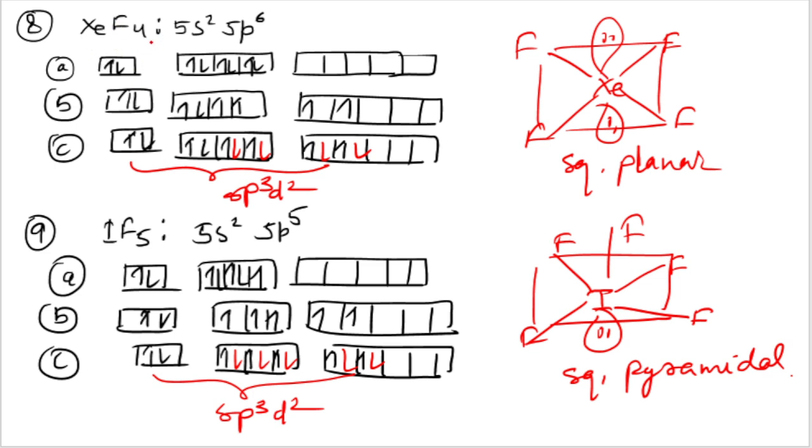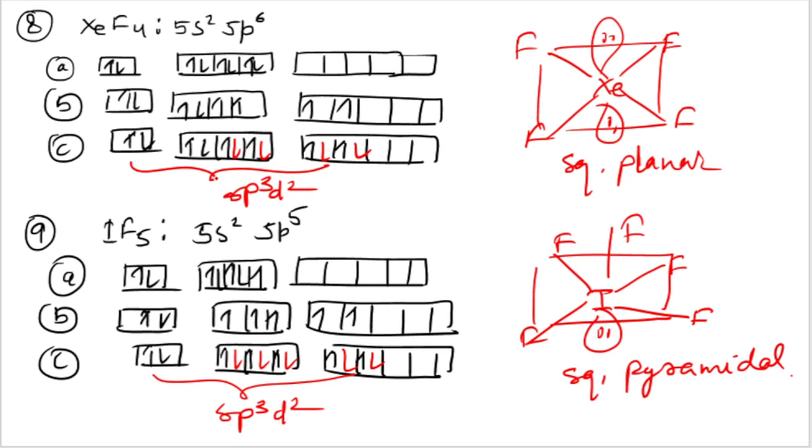XeF4, the electronic configuration is this, and the filling of electrons in the ground state is this. Similarly, for this case there are also no unpaired electrons, so we need four unpaired electrons. So from the p orbital, two electrons will go to the d orbitals.